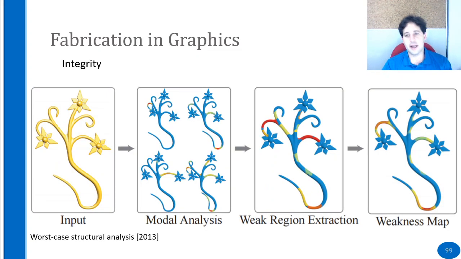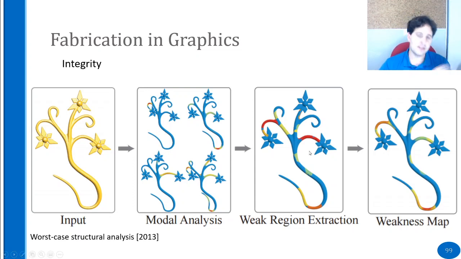Another work uses a spectral decomposition, or modal analysis, if you know it, to identify regions that are potentially weaker. As you can see here, weak region extraction: they did modal analysis, and from the spectral decomposition it is well known that you can tell, at a given vibration frequency, how much a region will move.